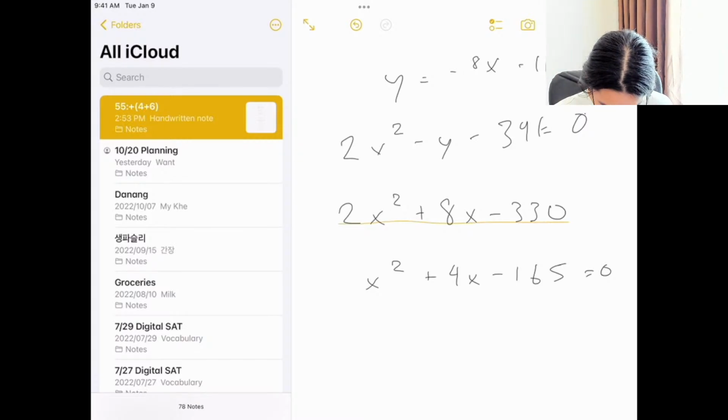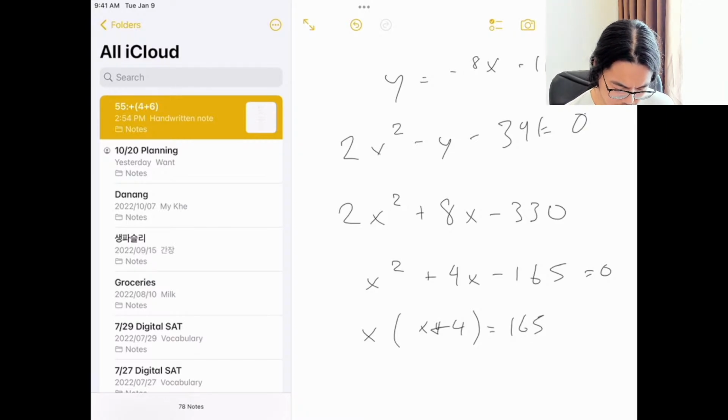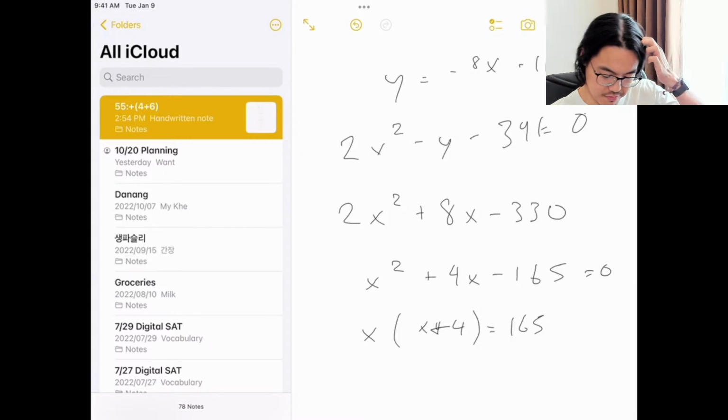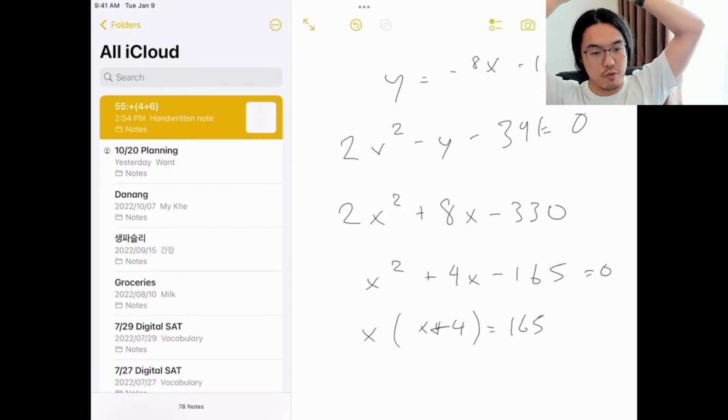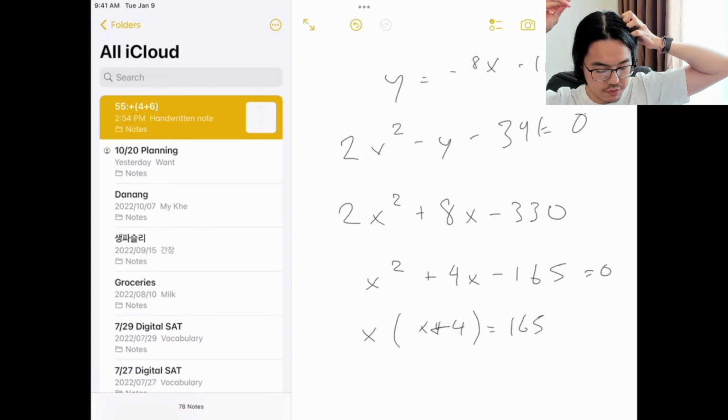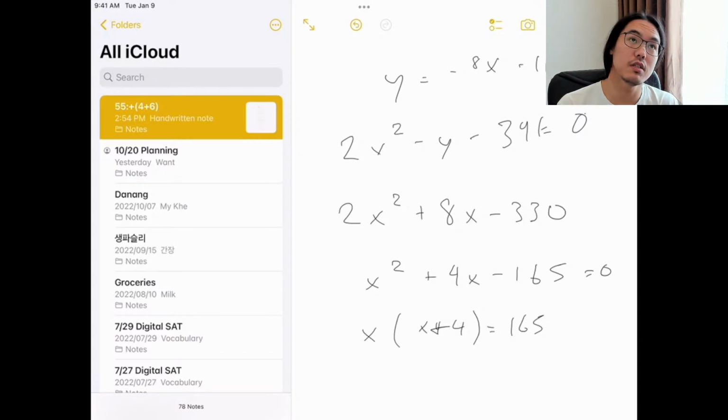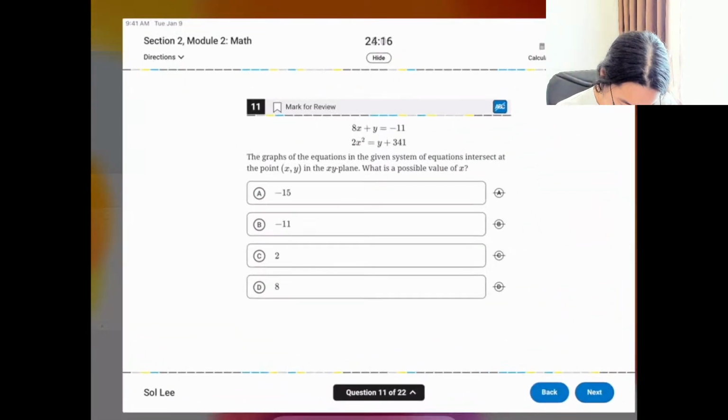So x plus 4 equals 165. Does that even help? No, it doesn't really help. But I can start plugging in numbers. 10 times 14 is 140, so 11 times 15 is 165. 11 times 15, 165. 11.